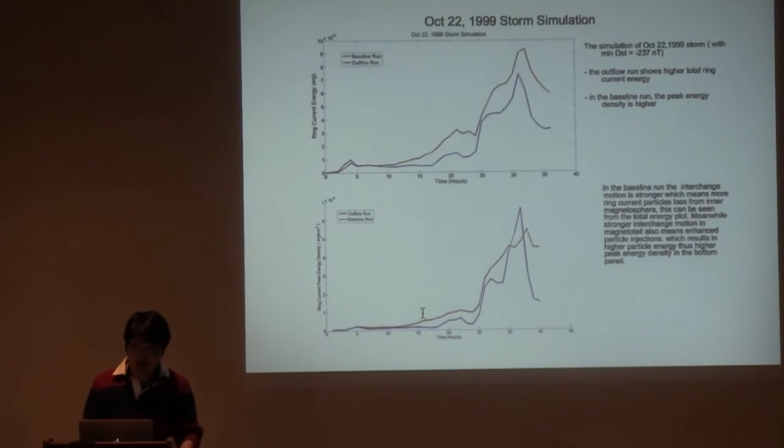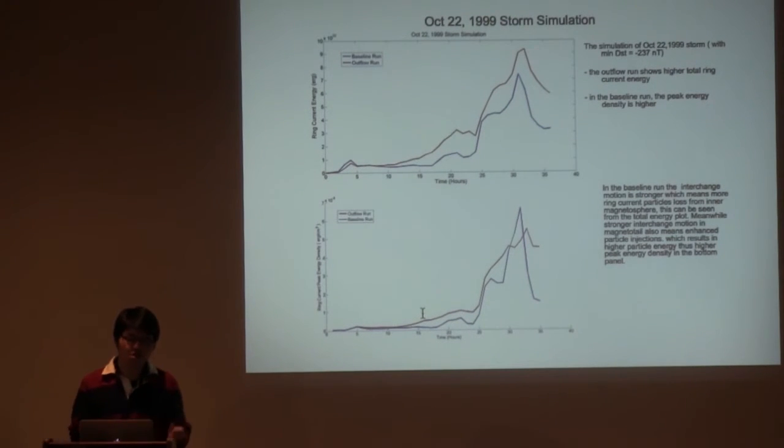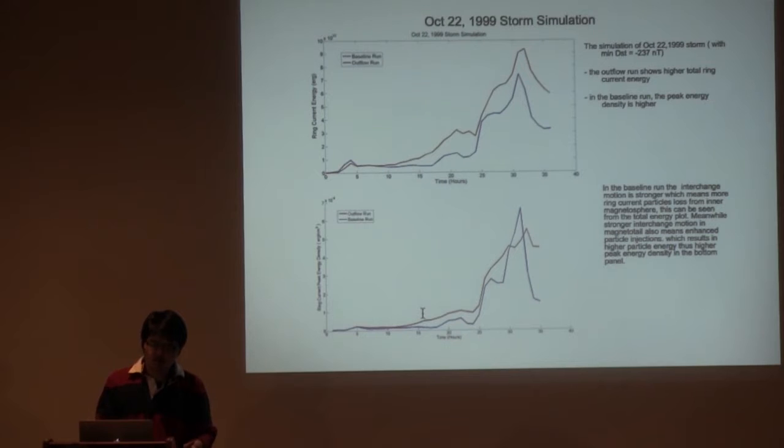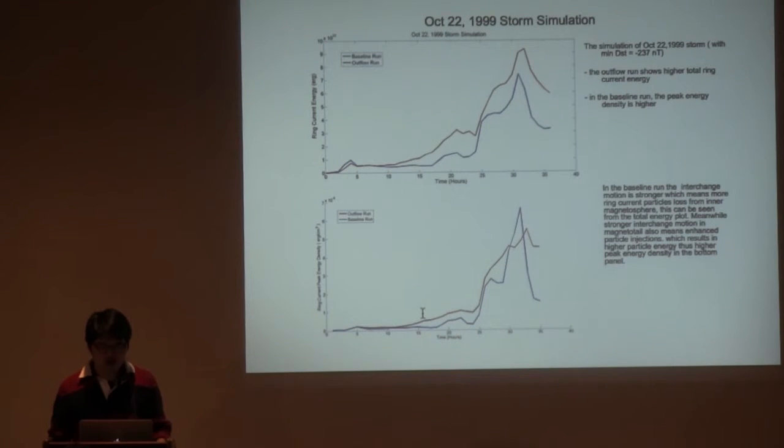My explanation is like this. With stronger interchange, which means enhanced plasma injection from the tail, low entropy bubbles or channels can penetrate deeper into the inner magnetosphere, which have the potential to generate some high energy particles.